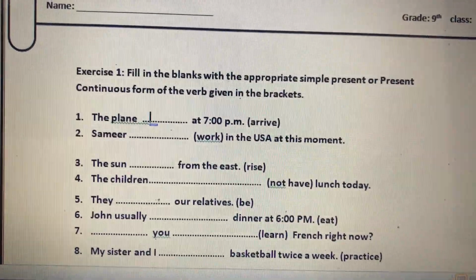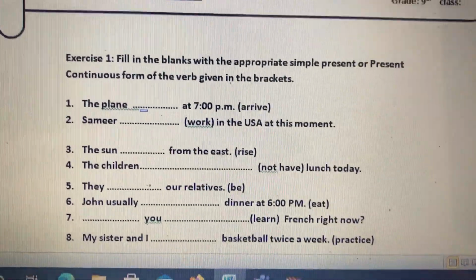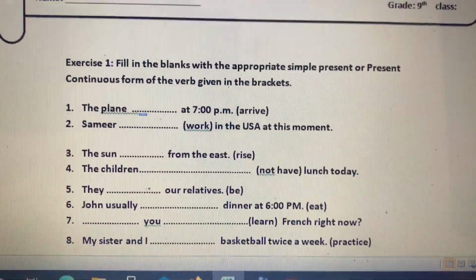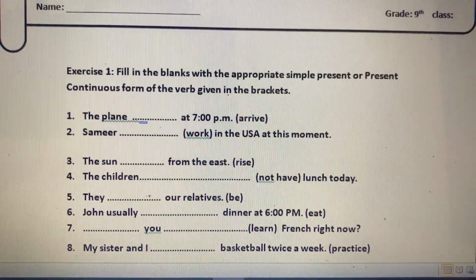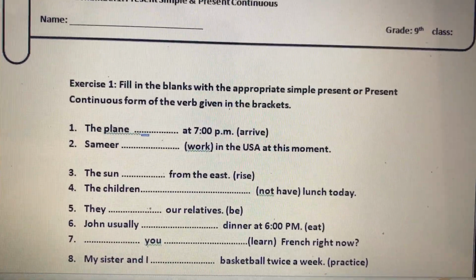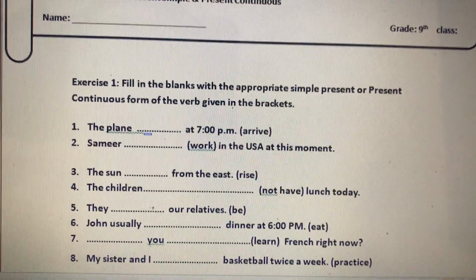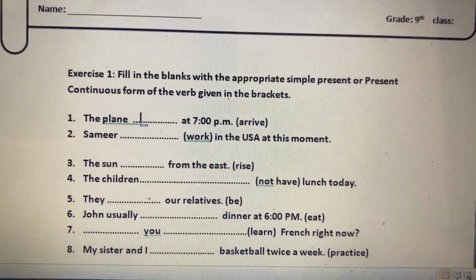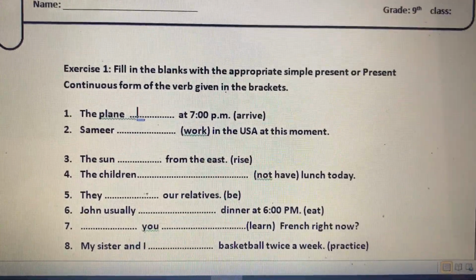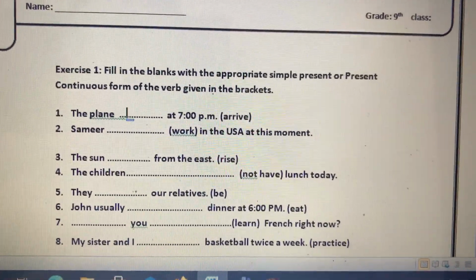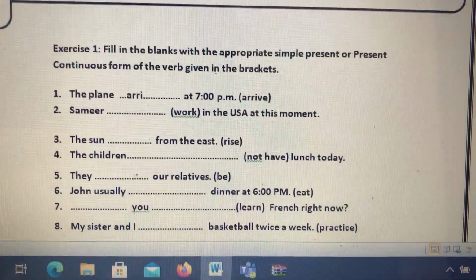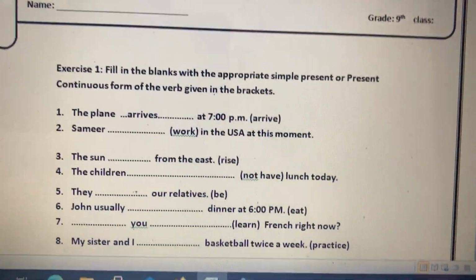So the answer here has to be in the simple present form. And we know that the verb has to be in the base except if it came in the third person form, which is the plane, it means it. So arrive has to be arrives. So the answer is arrives.